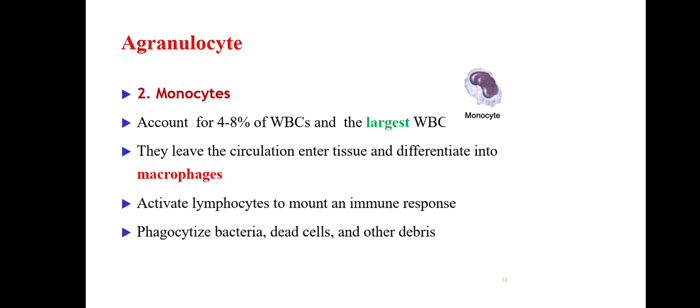Okay? So the monocytes, in other words, we can say that monocytes are macrophages. Why? Because they are more like precursor cells. When we say precursor cells, we mean it's a parenchyma where some cells are going to originate from. So they leave the circulation, which is the bloodstream, and enter tissue, and they are going to differentiate.